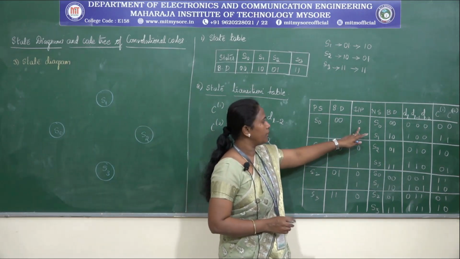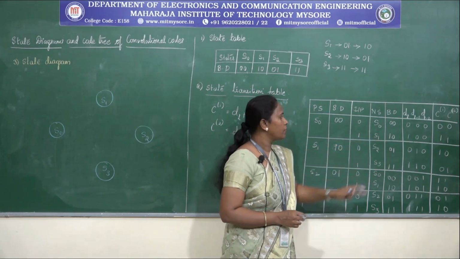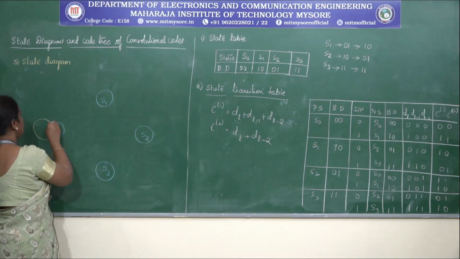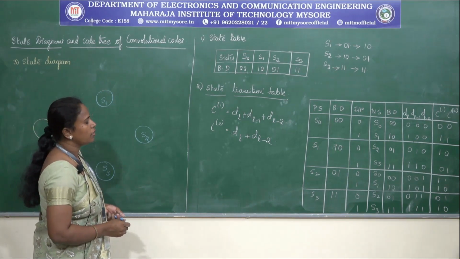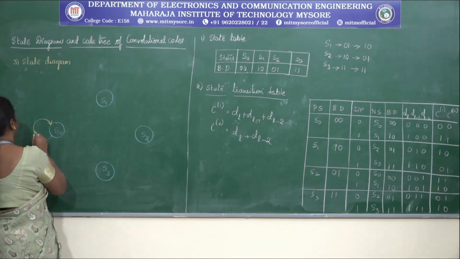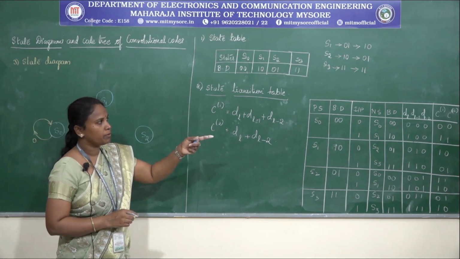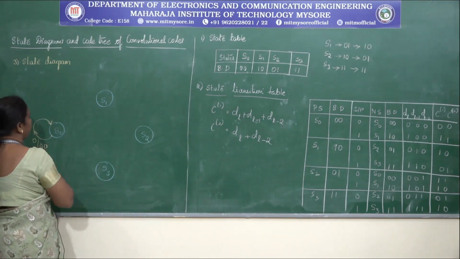For S0, when the input is 0, what is the next state? It is 0, so it remains in the S0 state only. For the input 0, what is the output, C1 and C2? It is 0 0.